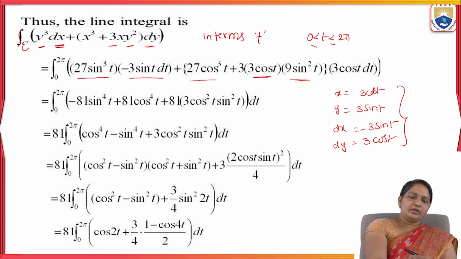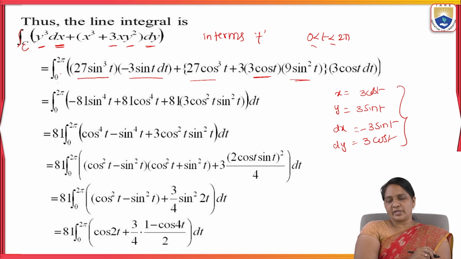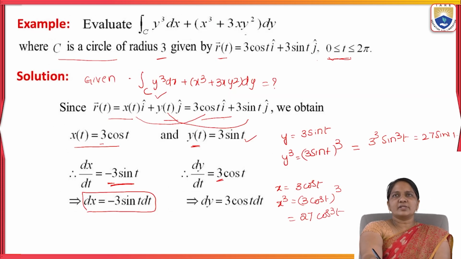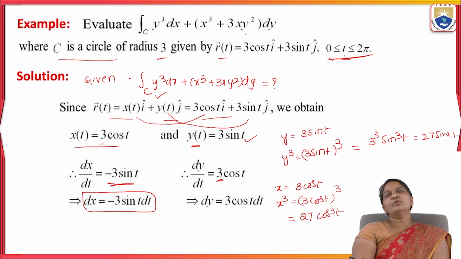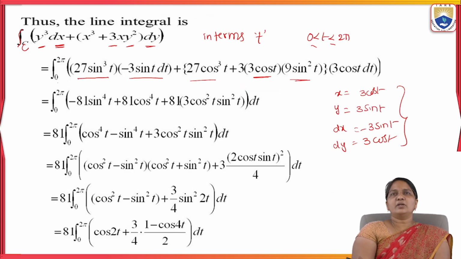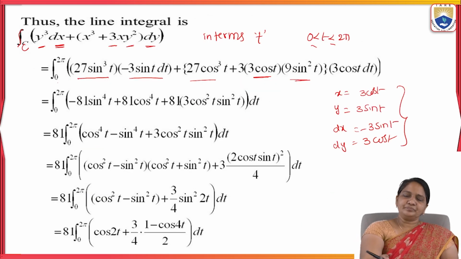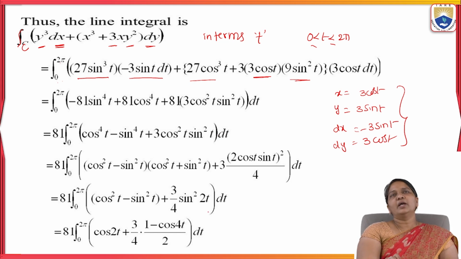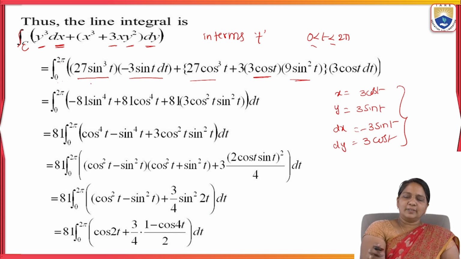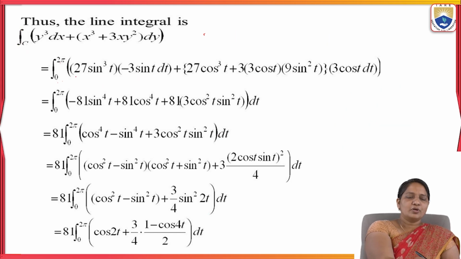After converting that, we should know about the t limits. Already in the question they gave 0 less than or equal to t less than or equal to 2 pi. So based on that, we are replacing the values here, integral 0 to 2 pi. Now we are going to simplify this. After that, we can do the integration here. So now we are simplifying this one.